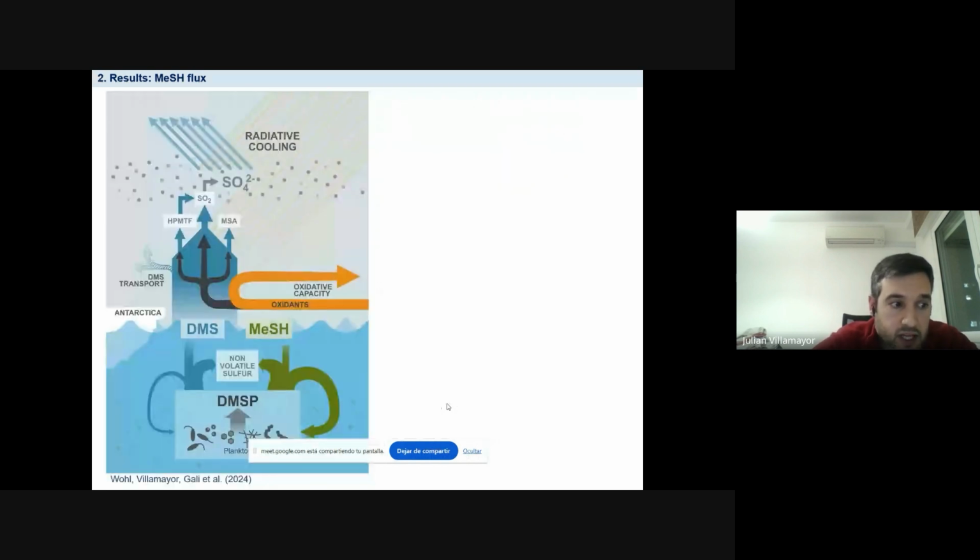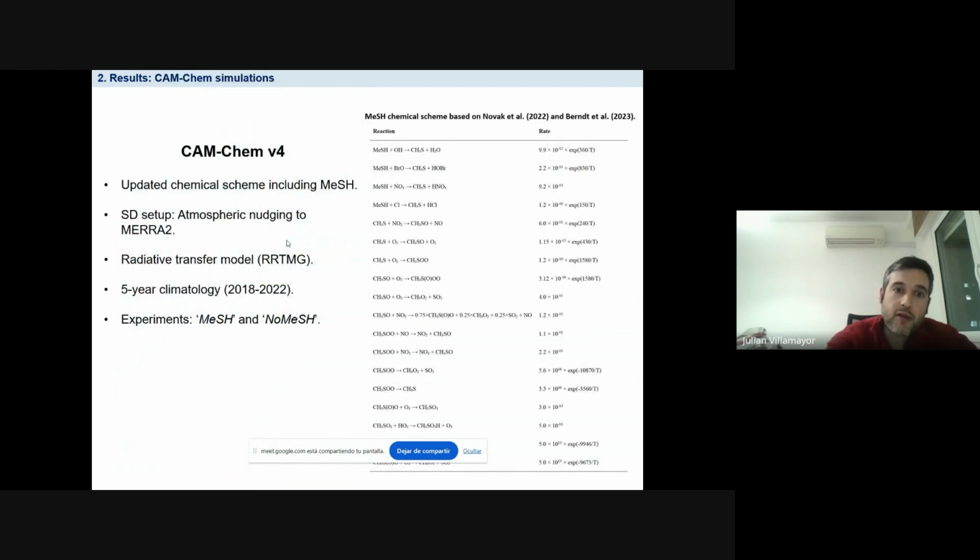So now that we had our new and complete global emission inventory of methanethiol, we were thrilled to know about the effect it may have on the atmosphere and ultimately on climate. So for that, we used the CAMCHEM model. But first of all, we had to update the chemical scheme of sulfur in the atmosphere, including the reactions associated with methanethiol, following recent works, including the main reactions leading to SO2 formation.